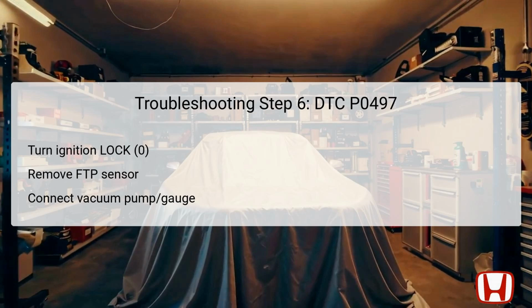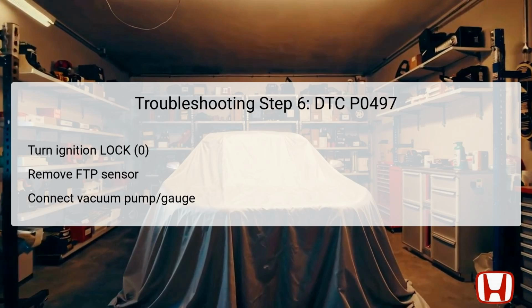First, you will want to make sure the ignition switch is in the lock position. Next, carefully remove the FTP sensor while keeping its connector attached to safeguard against any accidental disconnections. Then, connect the T-fitting, vacuum pump, and gauge to the FTP sensor. After this setup, turn the ignition switch to the on setting, but don't start the engine.